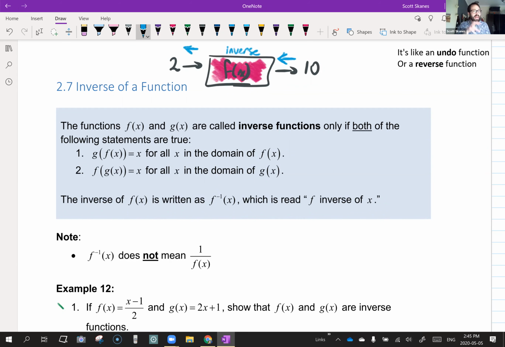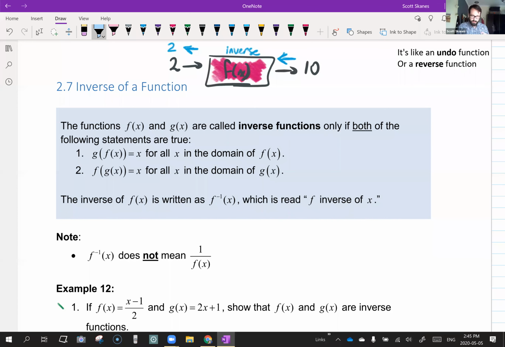It would take 10 and give us back 2. So it's a way of saying, okay, I know what you did, let's go backwards. So if it multiplied by 2 and added 10, it would take away 10 and divide by 2, if that makes sense. But we don't need to do that much thinking. There's a very easy set of math steps that we can take to find these answers. So let me do some examples right after I explain this.